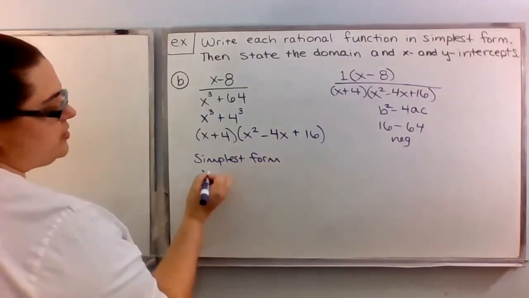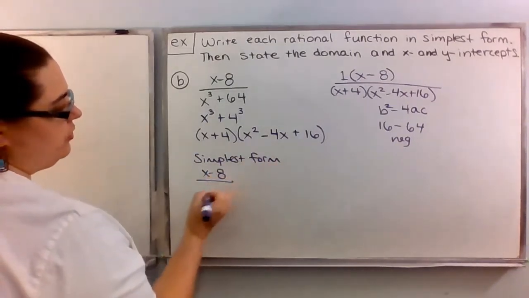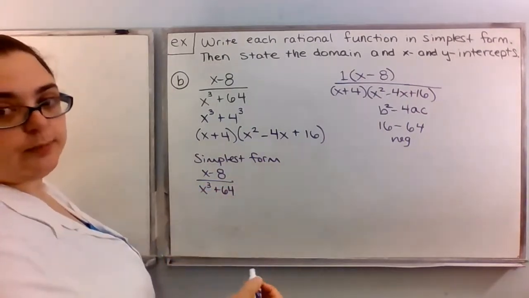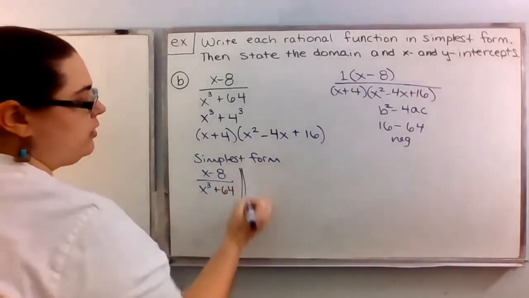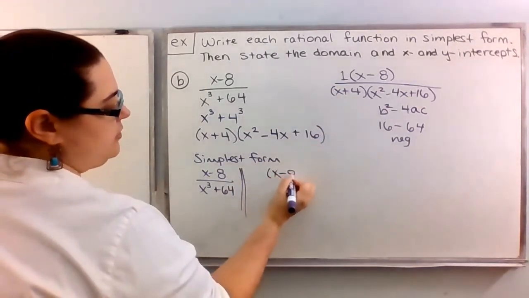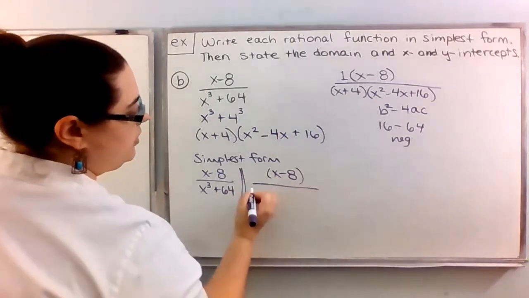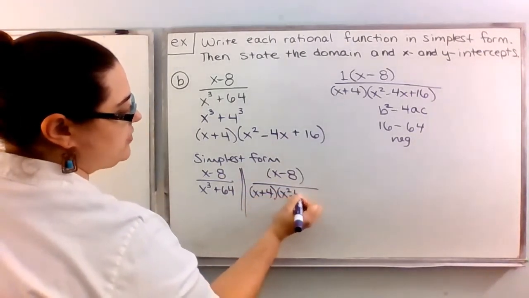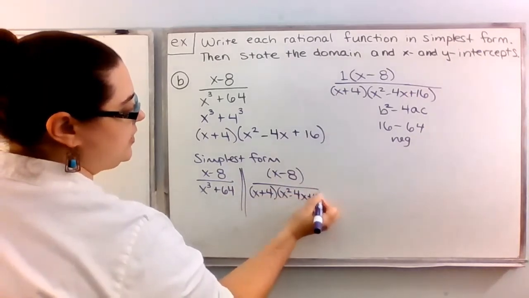You could give the answer x minus 8 over x cubed plus 64. That would be an acceptable answer. Or you could give it in factored form. So you could say x minus 8 over x plus 4 times x squared minus 4x plus 16.